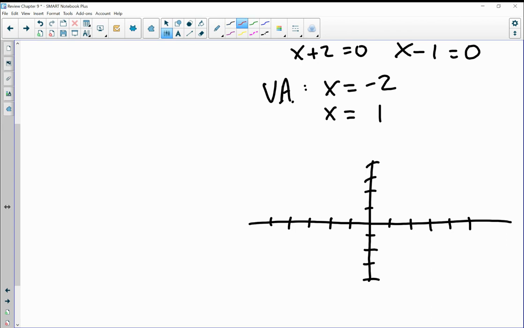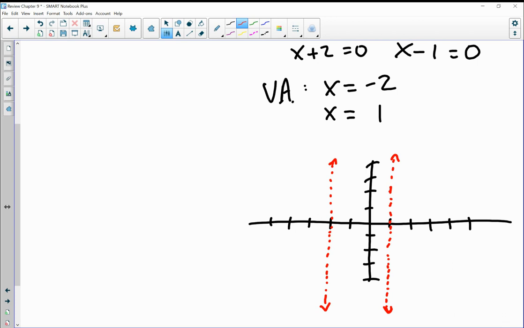Okay, so let's draw our two vertical asymptotes. x equals negative 2 and x equals 1. Okay, so now we're going to keep our focus around those points.